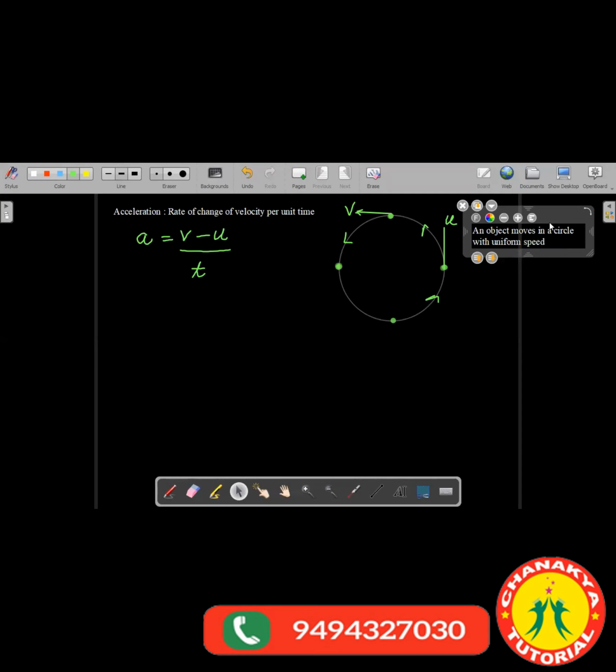So here only the directions are changing. The magnitude of the velocity remains the same. So can we call it an accelerated motion? Can we call it a uniform circular motion, or can we call it an accelerated motion?